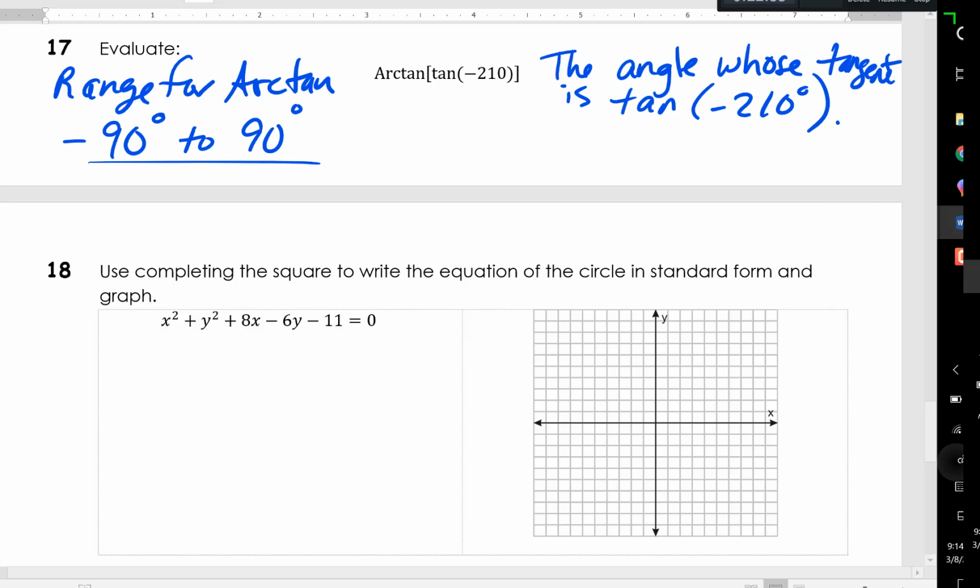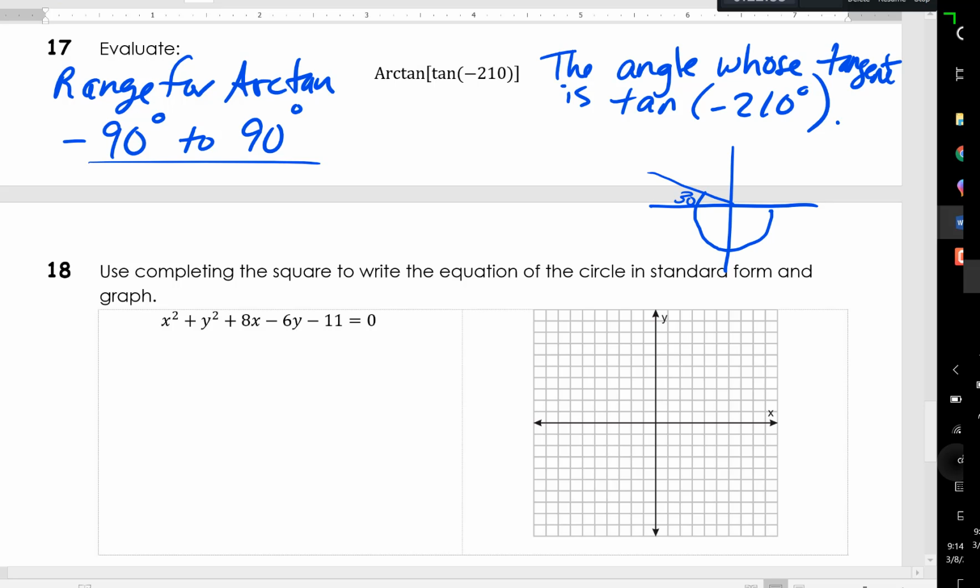All right, and that's the same range for arcsine, and the range for arc cosine is 0 to 180. So when you give an answer for this kind of problem, you can't just give any angle that has that tangent. You have to give only the answer that's in the range for that particular function. All right, so when you look on your unit circle at negative 210, you're going in the clockwise direction, 180 and 30 more.